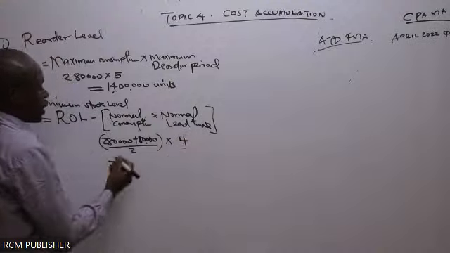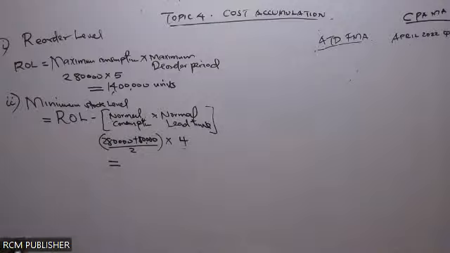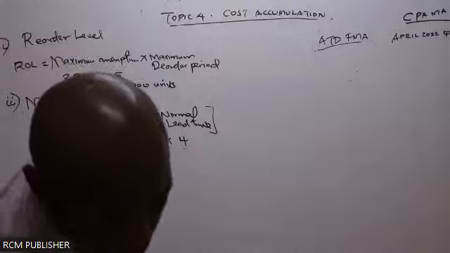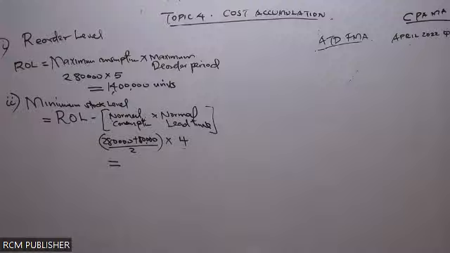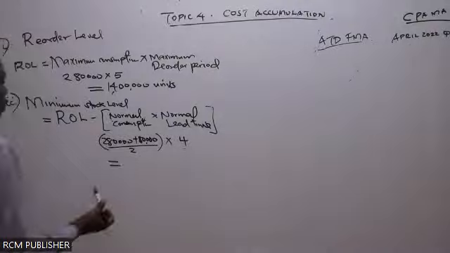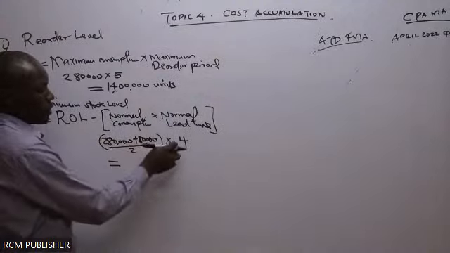So are we able to get this figure now? 280 plus 80 will give us 360. Divide by 2, we are going to have 180,000. 180,000 multiplied by 4.